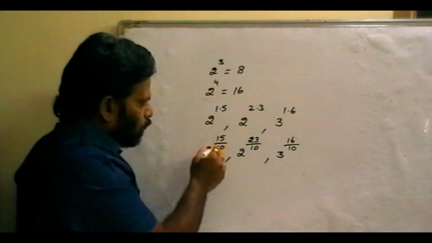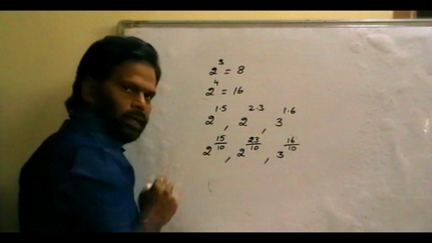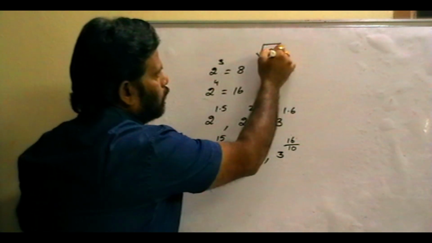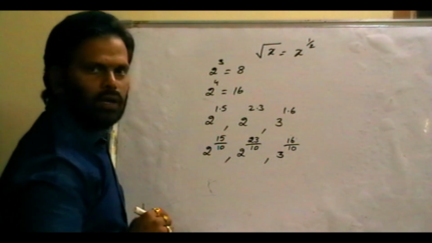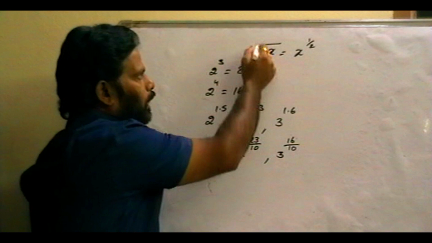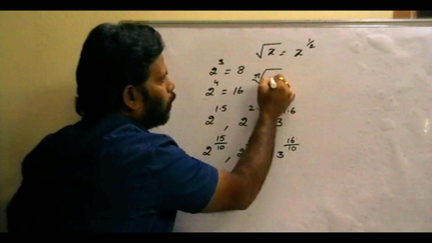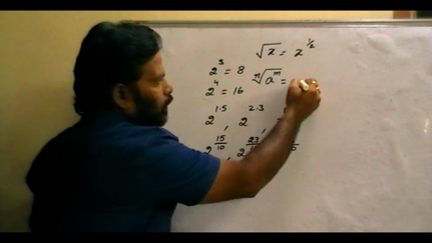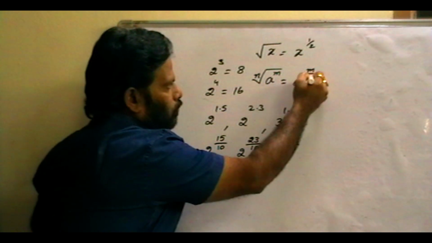Now, what is the value of 2 to the power of 15 by 10? How will you get it? We know that square root of x is equal to x to the power of 1 by 2. That means nth root of a to the power of m is nothing but a to the power of m by n, power by order.